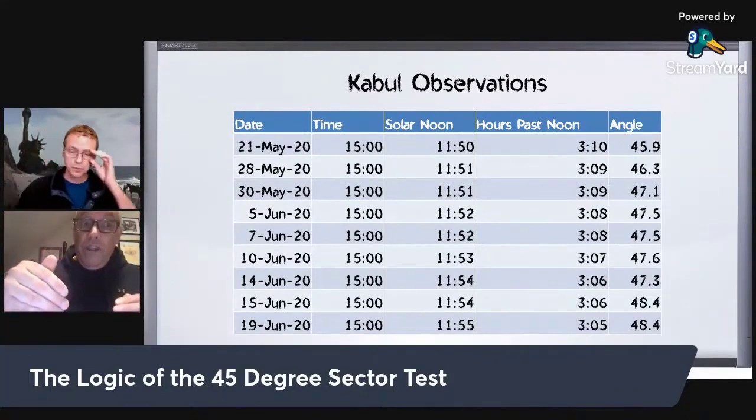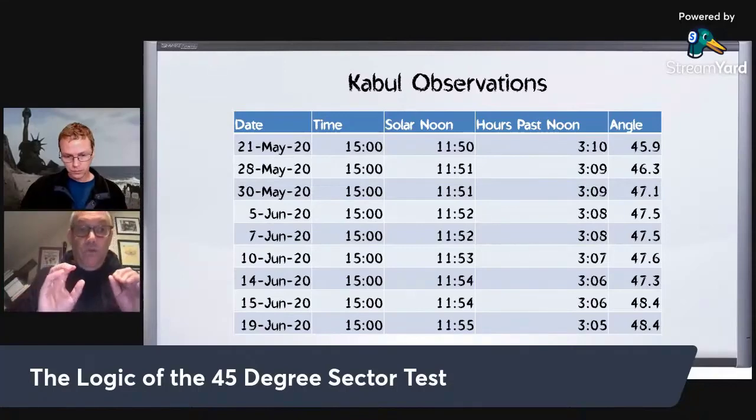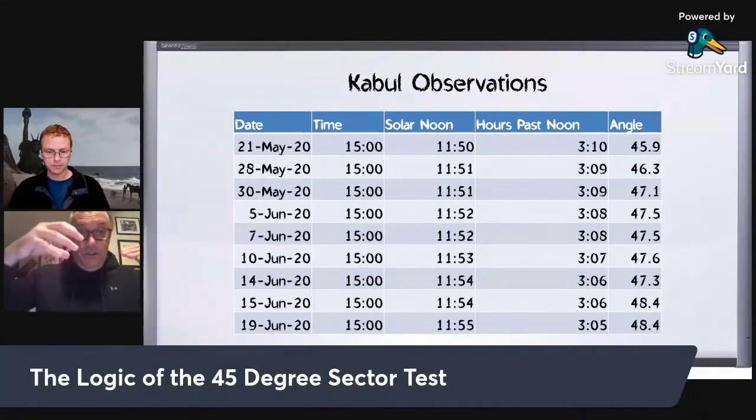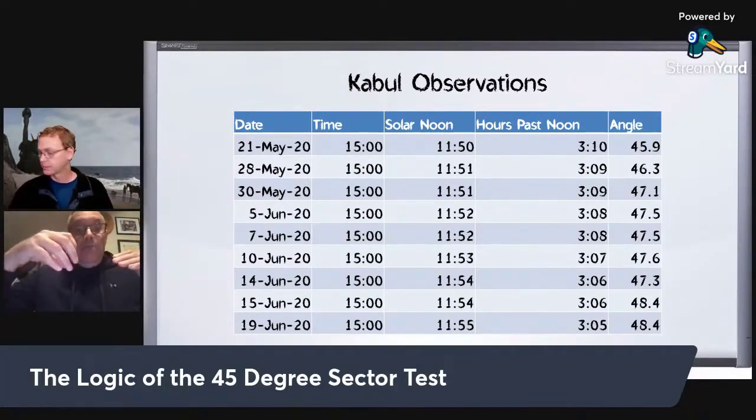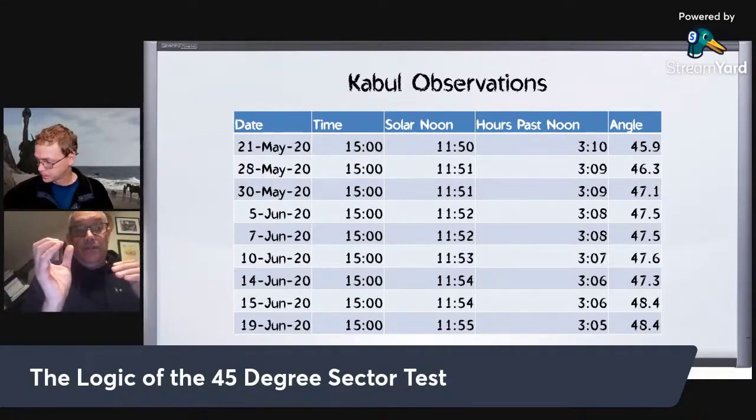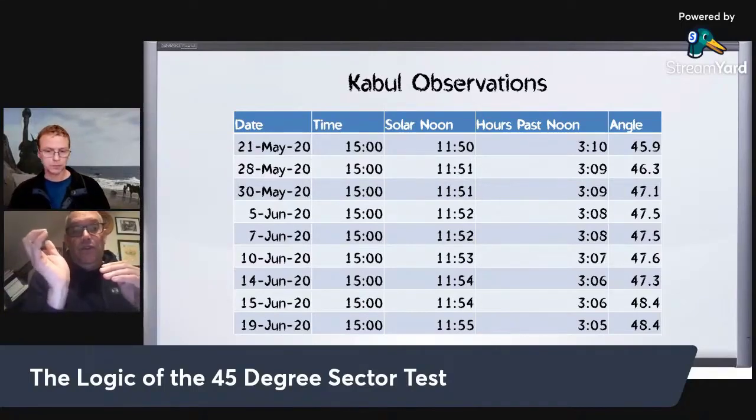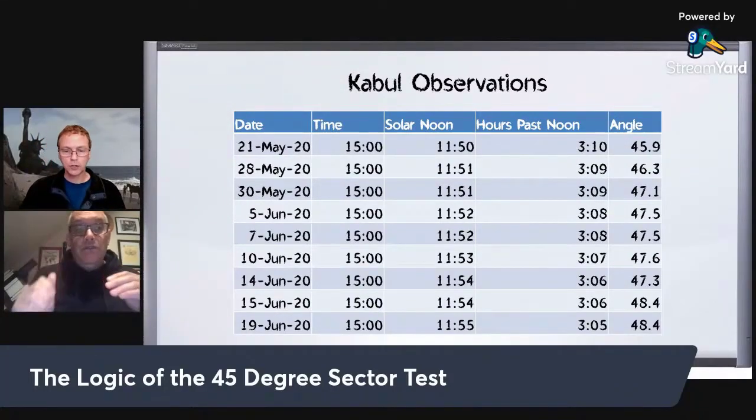So when we apply that, we want to look at summer, when the Earth is tilted towards the north. Maximum is 23 and a half degrees. So that's why we have those summer readings. That's what's going to tell us the story.